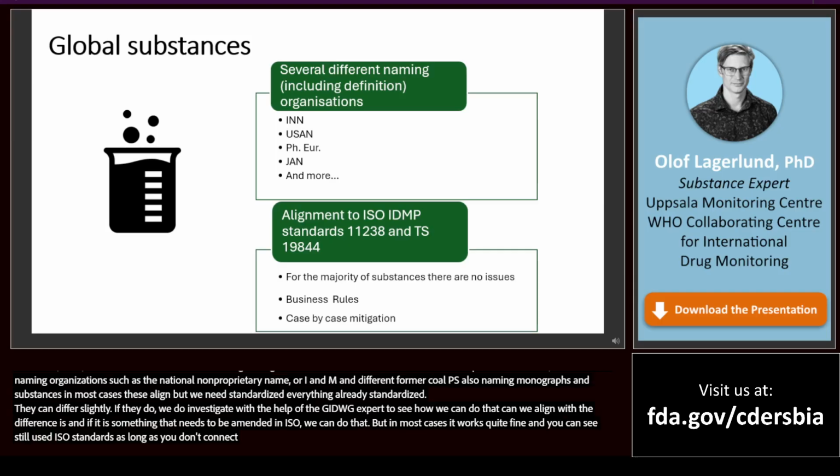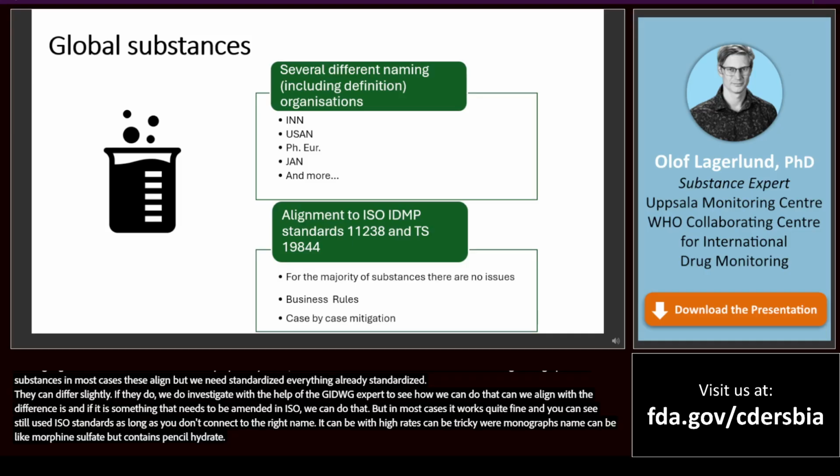It can be tricky with hydrates, for instance, where a monograph name can be only morphine sulfate, but it actually contained the pentahydrate. But I'll get back to hydrates in a minute. There are some tricky parts that we have been able to solve with some business rules.